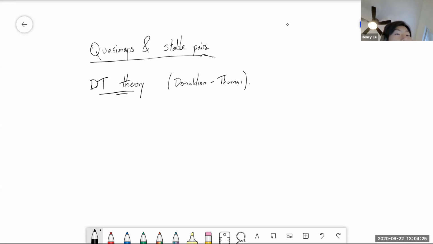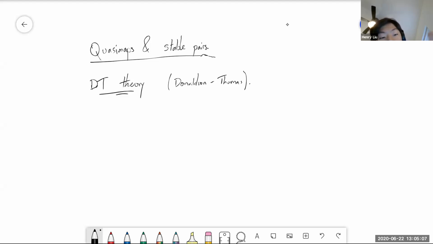Morally speaking, there's two approaches to how to count curves, and one is where you fix your favorite curve and you look at all maps from that curve into your threefold. And that's the approach of stable maps. That's not what this is. This is where you say I fix my threefold and I will look at all, in some sense, embedded curves inside that threefold.